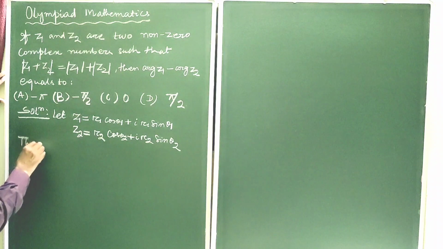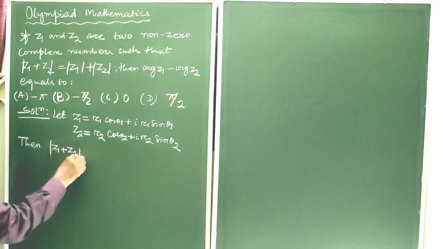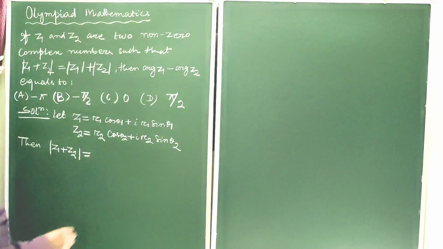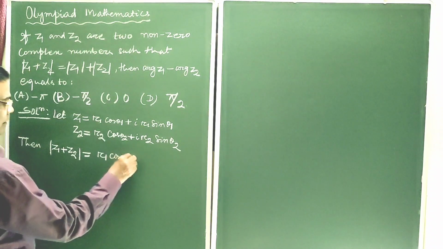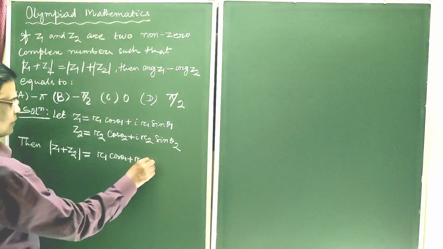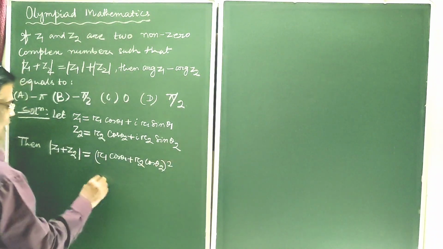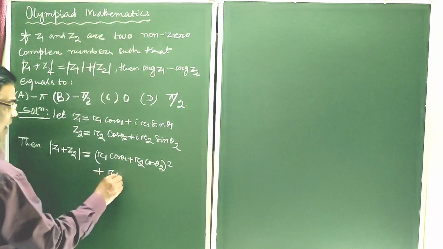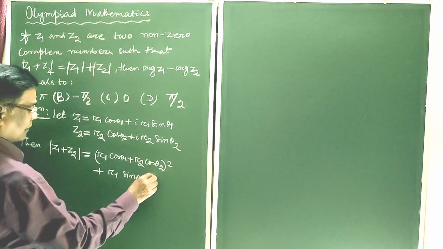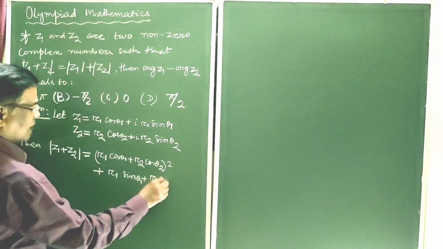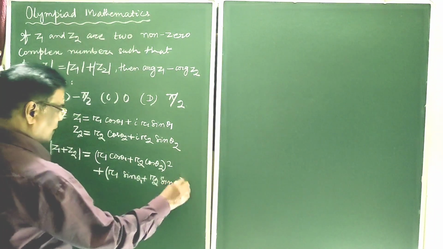Then mod of Z1 plus Z2 is equal to the square root of R1 cos theta 1 plus R2 cos theta 2 whole square plus R1 sin theta 1 plus R2 sin theta 2 whole square.